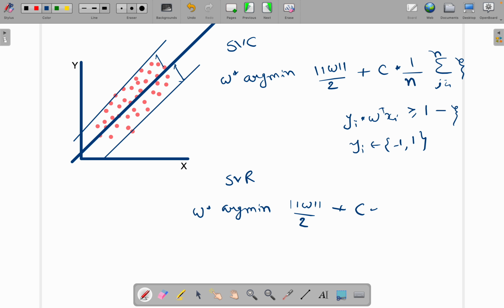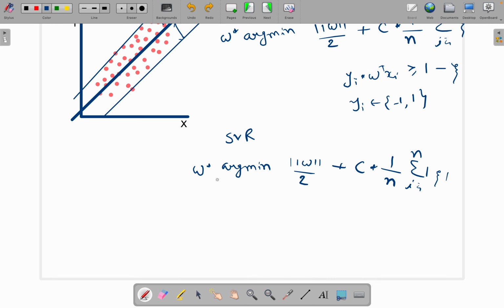Plus, let's say C times 1 by n, sum from i equals 1 to n of absolute value of eta, okay?